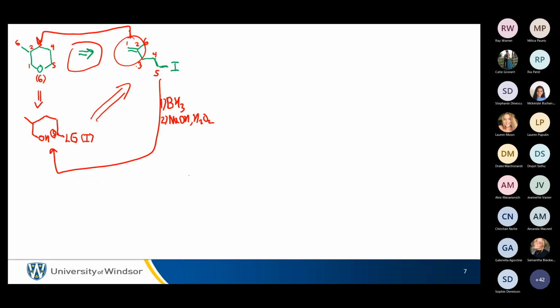Okay, that's perfect. So this is one way, but those who are saying, look, attach it to 5, then what we need, if we attach it to 5 instead of 1, is we need a leaving group at 1, right? Because then we treat that with the base.